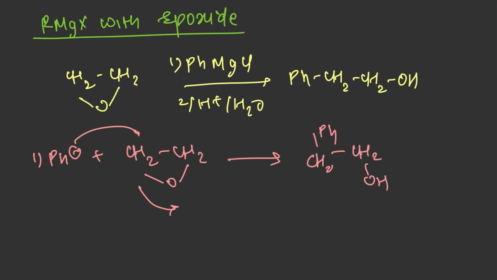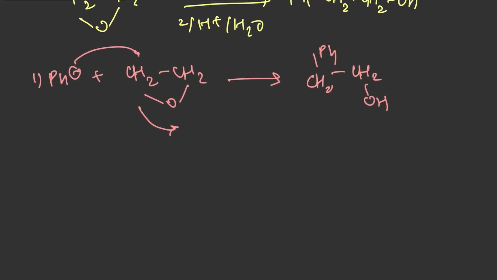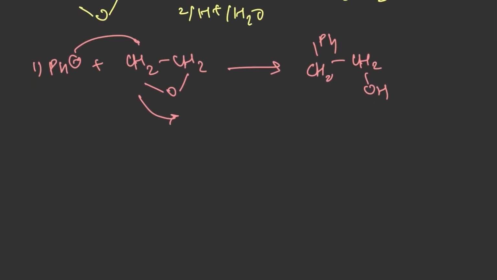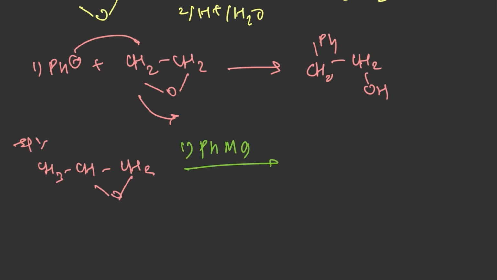Now let's talk about another. If we would have CH3CH-CH2 with O, let's say as an example, it will react with PhMgCl, second H+/H2O.